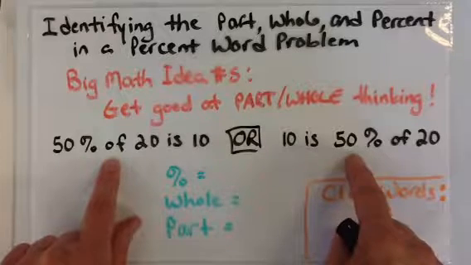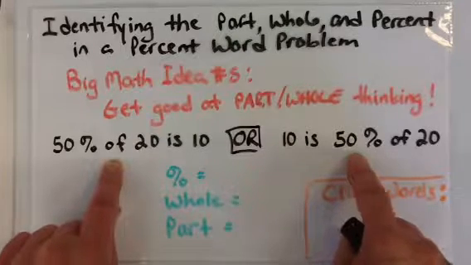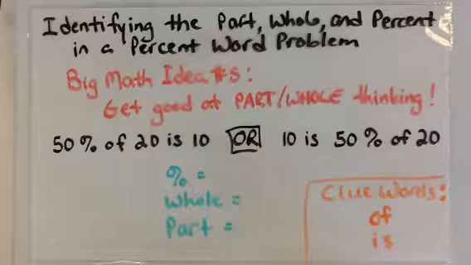So just read them again to yourself and get comfortable with the idea that both of these statements mean the same thing. Let me give you a moment to do that. Okay.